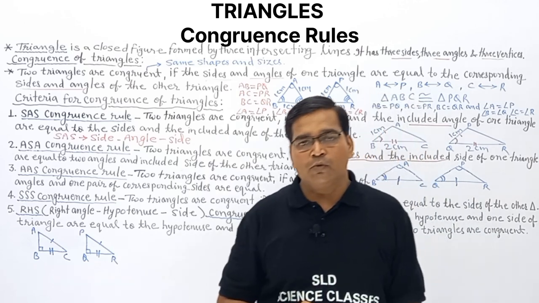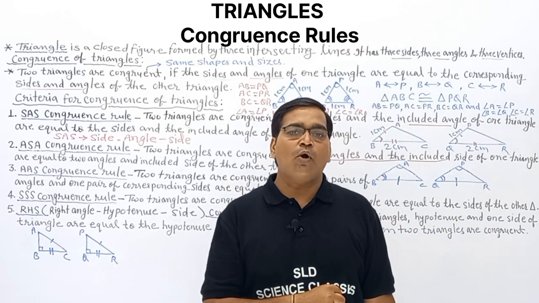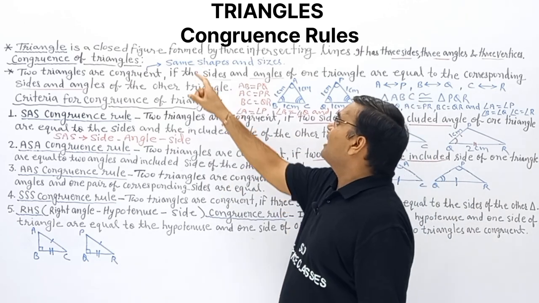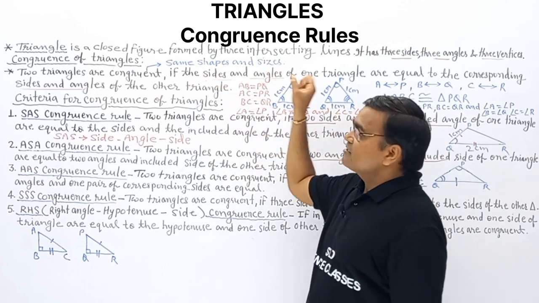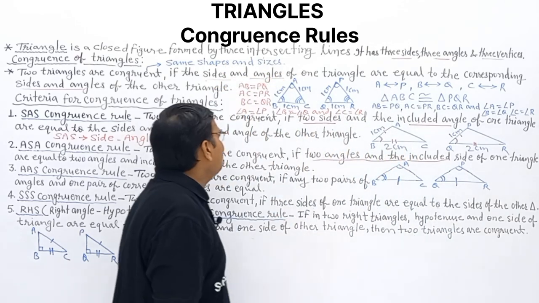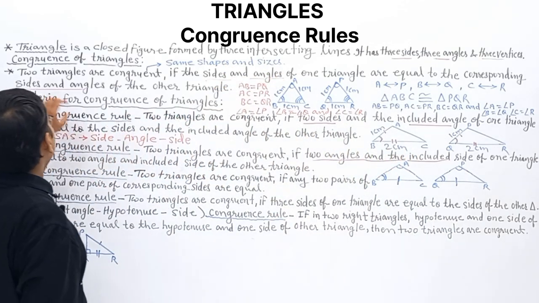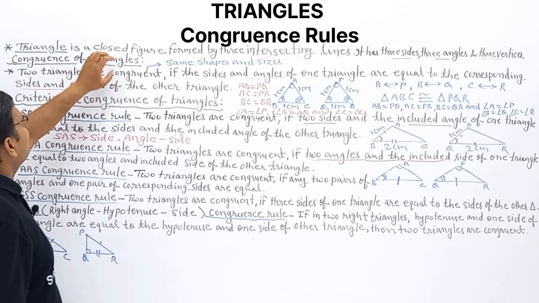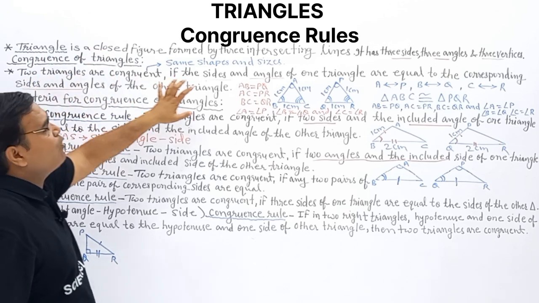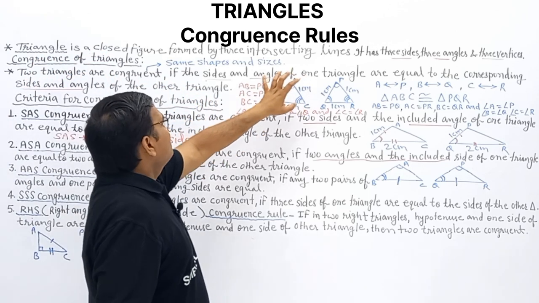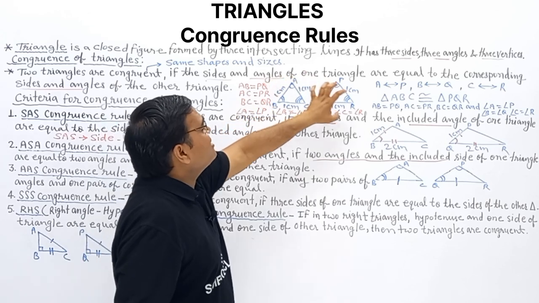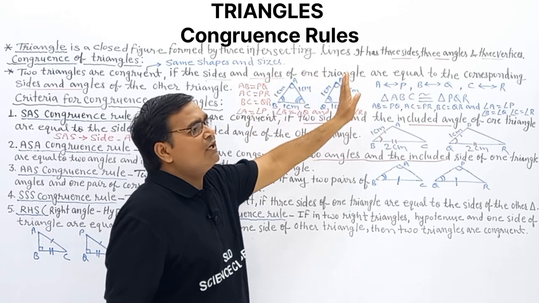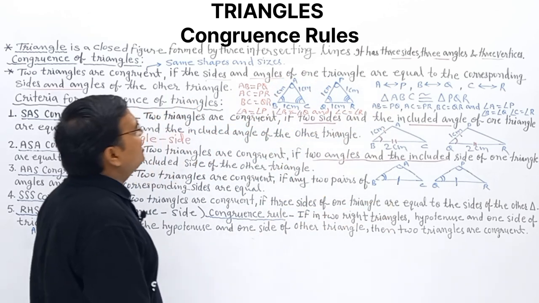Now congruence of a triangle. First we should know what congruent means. Two figures are congruent when both have the same shape and size. Clear? But our topic is congruence of triangles. So two triangles are congruent if the sides and angles of one triangle are equal to the corresponding sides and angles of the other.